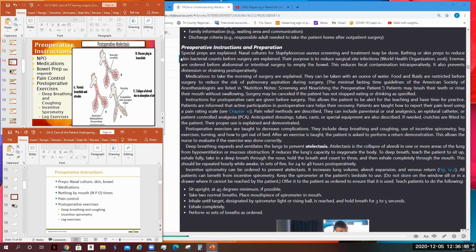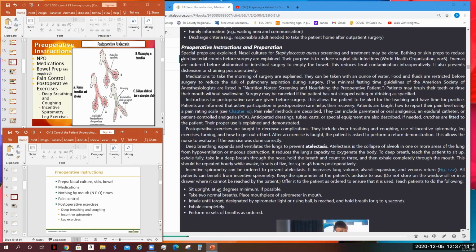The minimal fasting time guidelines of the American Society of Anesthesiologists are listed in nutrition notes, screening and nourishing the preoperative patient. Patients may brush their teeth or rinse their mouth without swallowing. Surgery may be canceled if the patient has not stopped eating or drinking as specified.